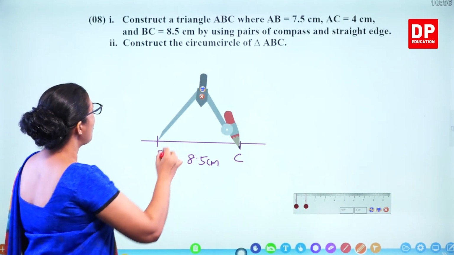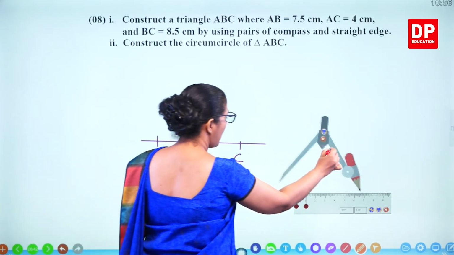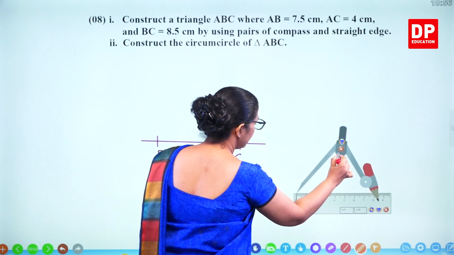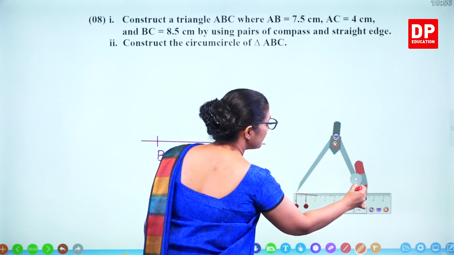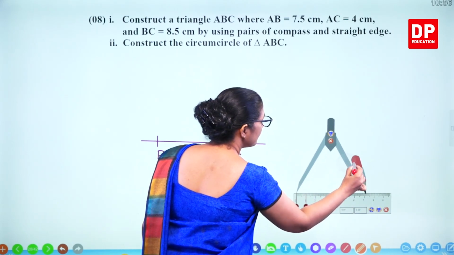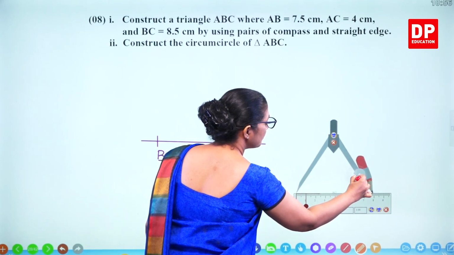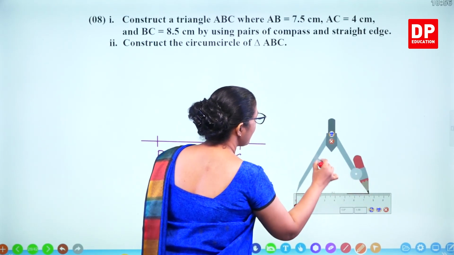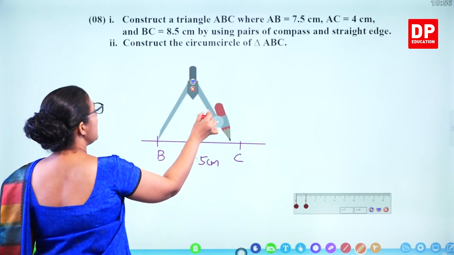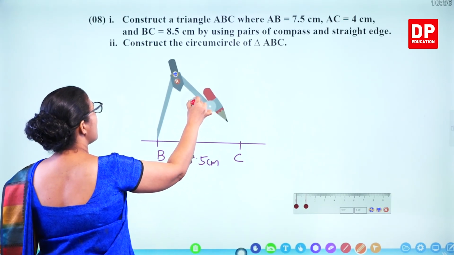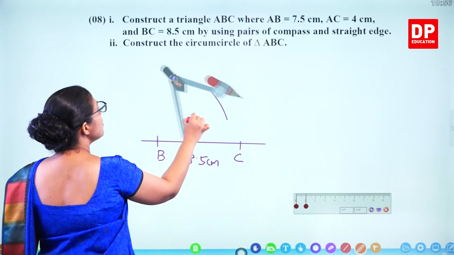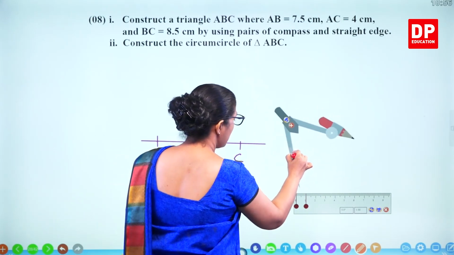AB is 7.5. Now take 7.5 length. And AB, so that means keep on top of B and you can draw the arc. And now take 4 centimeters.